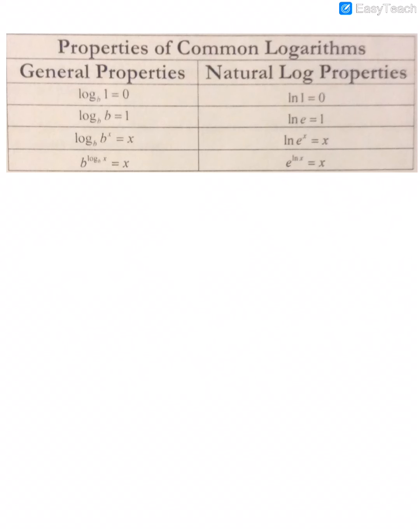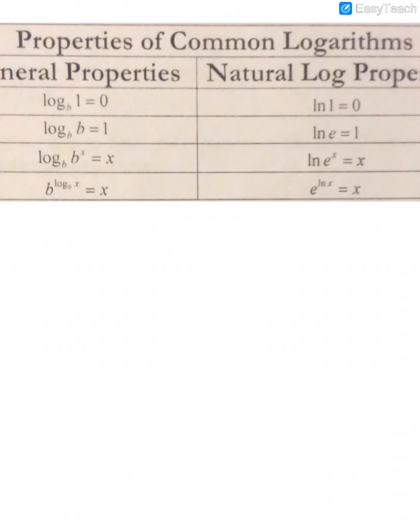All right, the properties of natural logarithms are the same as the general properties of logarithms. Again, we just have to remember that our base is e. So just like the common logarithm, if my argument is 1 in the natural logarithm, it equals 0. Then if my base and my argument are the same, it equals 1.